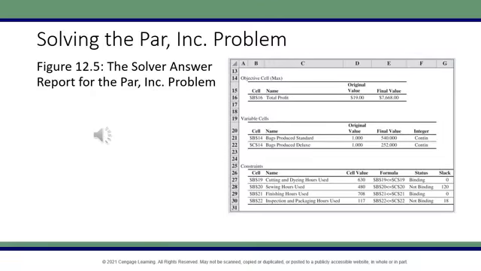Finally, let's analyze the solver answer report shown in Figure 12.5. It contains 3 key sections. 1. Objective cell section shows our optimal total profit of $7,668. 2. Variable cells section shows the optimal values of our decision variables and indicates whether variables must be integer. 3.